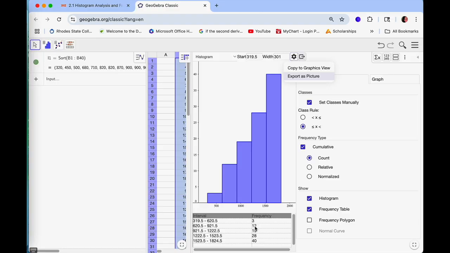The cumulative frequency for the second class is the first and the second class added together to give you a 12. So that now changes the graph. Instead of having your counts, you're having your cumulative frequency. So it's going to graph these values instead. So be aware of that. If you're checking your graph, make sure you have the correct options highlighted here or checked.